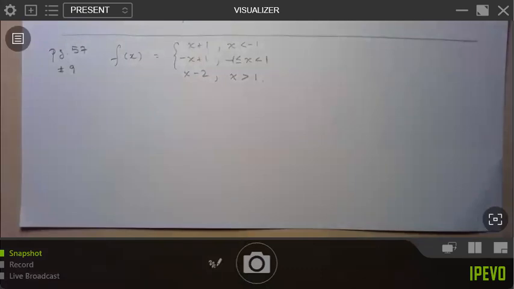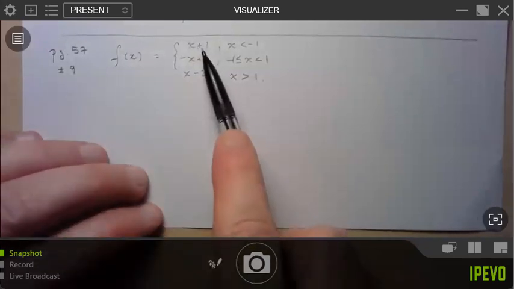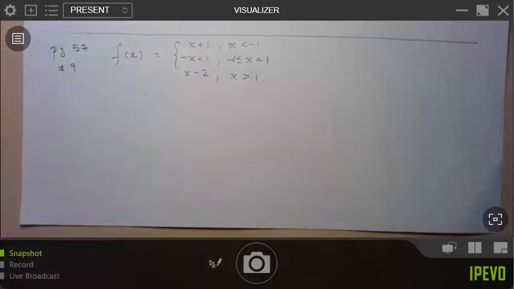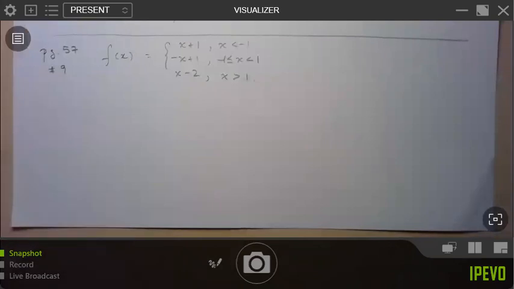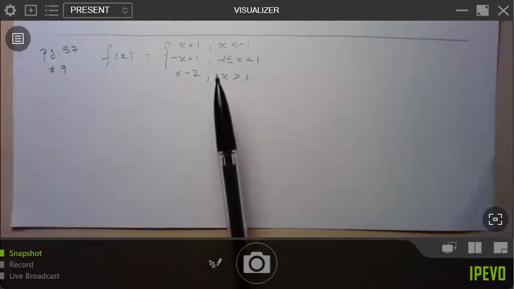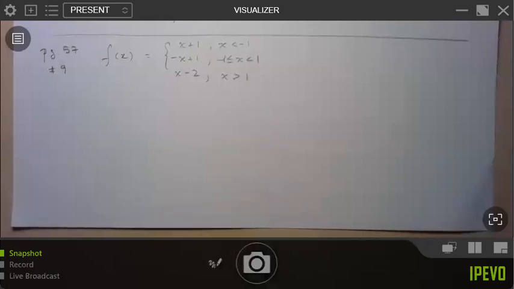So I don't really need to worry about any values other than when there's a change in the equation of the function. So the only time I really need to do any work here is at -1 and at 1. And so we want to determine if it's discontinuous anywhere. All right. And if it's not discontinuous, let's find the actual limit.